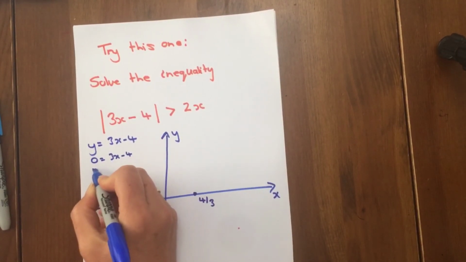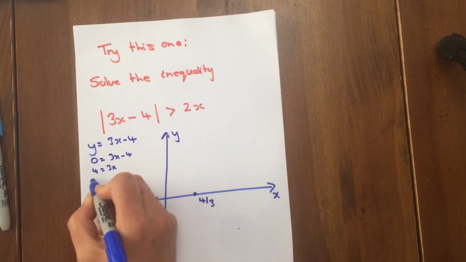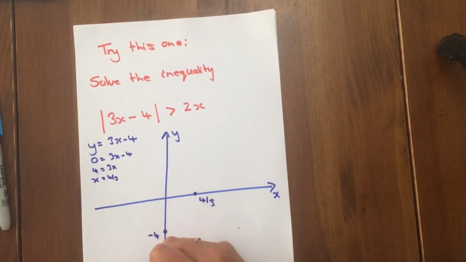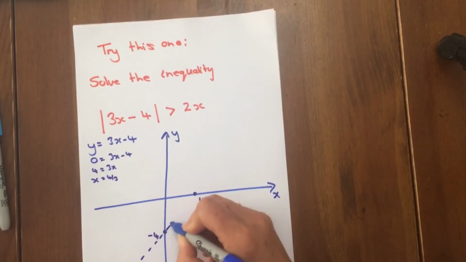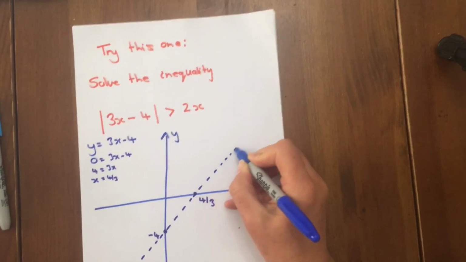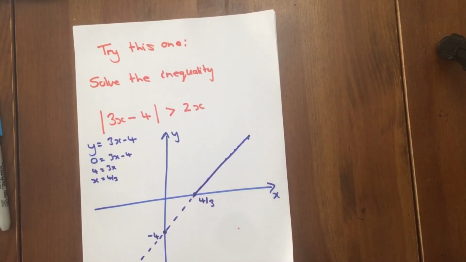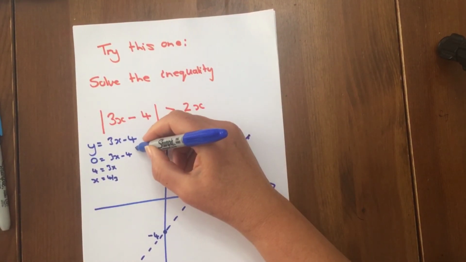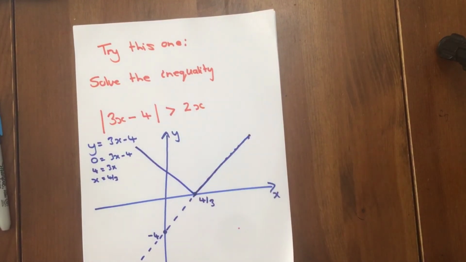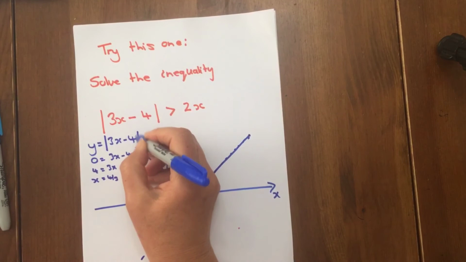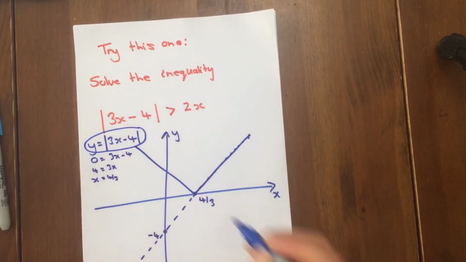So I'll have 4 equals 3x. So you can see x is 4 over 3. Okay, so I'm just going to do my dotted line. I know everything above the x-axis will stay the same, and everything beneath the x-axis will reflect. So this is my line, y equals the modulus.